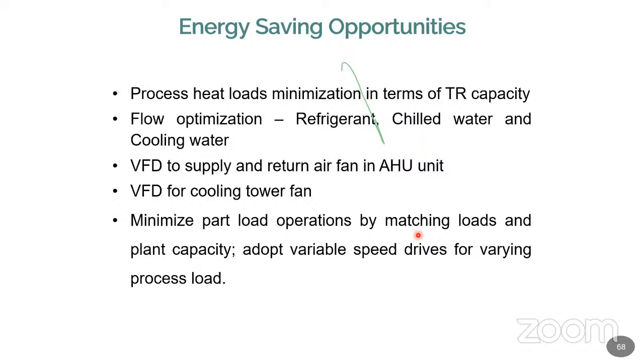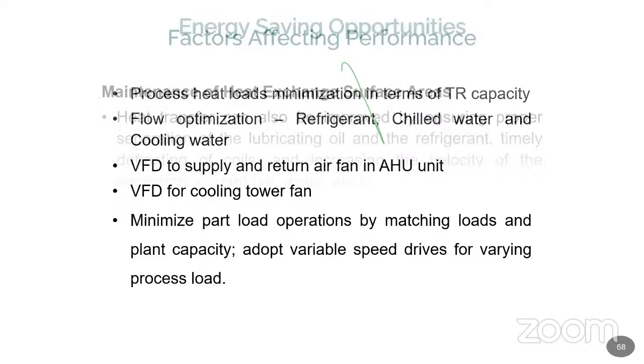Assuming that eight shops are now running, only 2 shops are closed for some reason. But you are running the compressor at the same speed. It's not advisable, because only eight shops are open. 80% load is available, 20% load is not available. So you can reduce the speed of the compressor such that you can deliver the required amount of load of the chiller system, so that you can save a huge amount of energy.